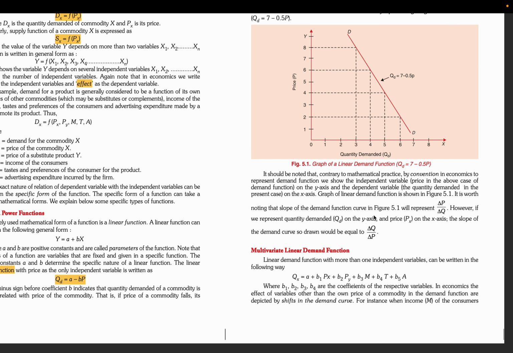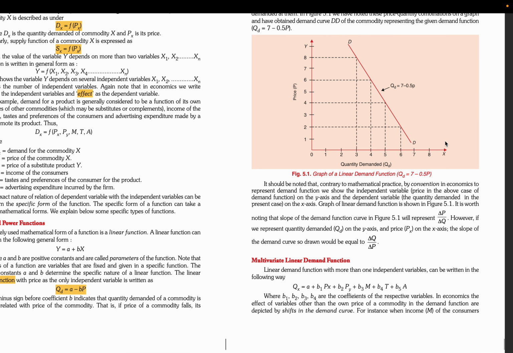So it's basically showing, however you show the two variables, which is quantity demanded and price, the slope would differ like that. In this case, it says with 1 unit increase in quantity demanded, what is the increase in price? So whatever comes on the y-axis is determined from the x-axis.